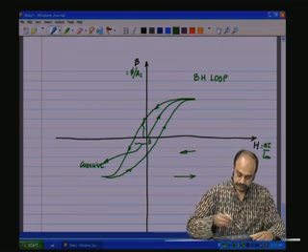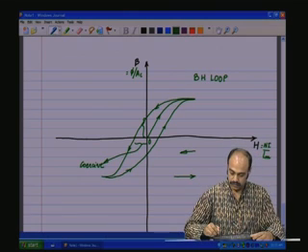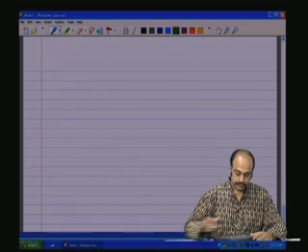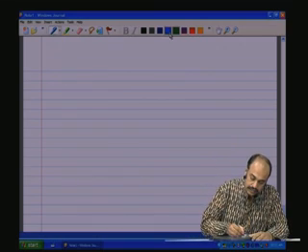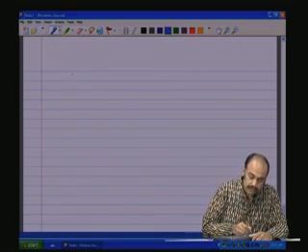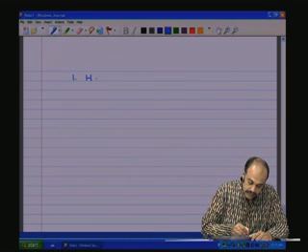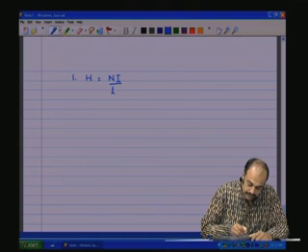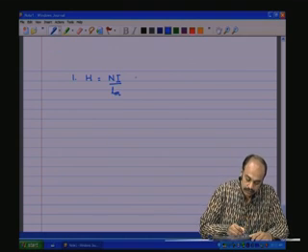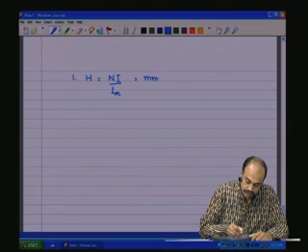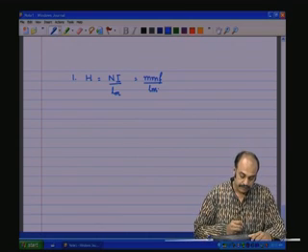Now, we have a few equations here we need to put down. First one was, you have the field intensity, which is Ni by Lm, which is nothing but mmf. mmf is the ampere turns by Lm.